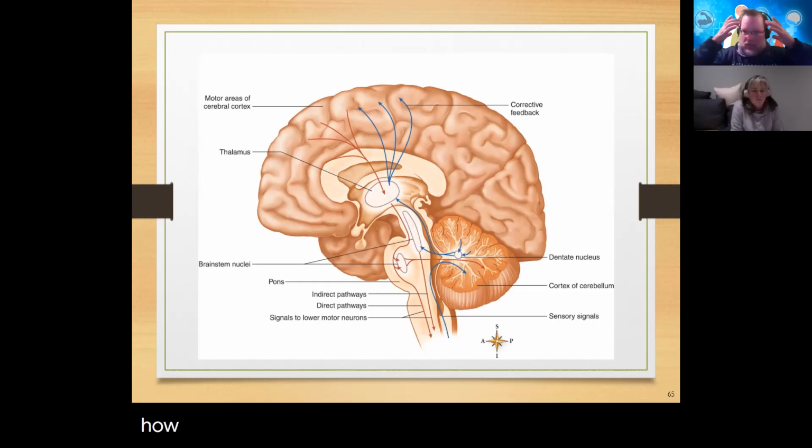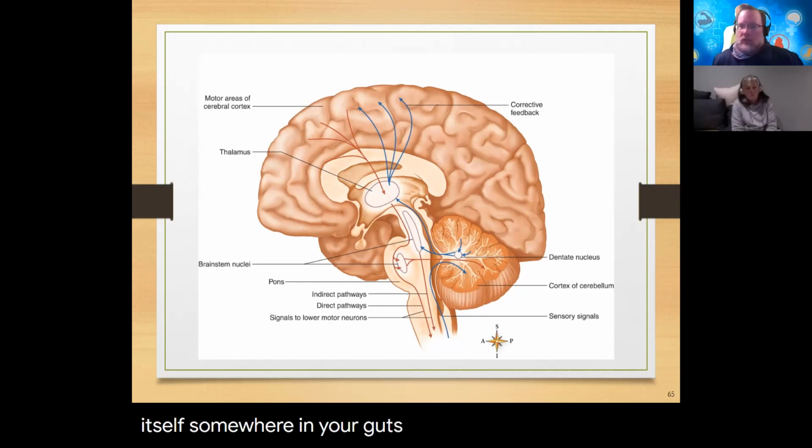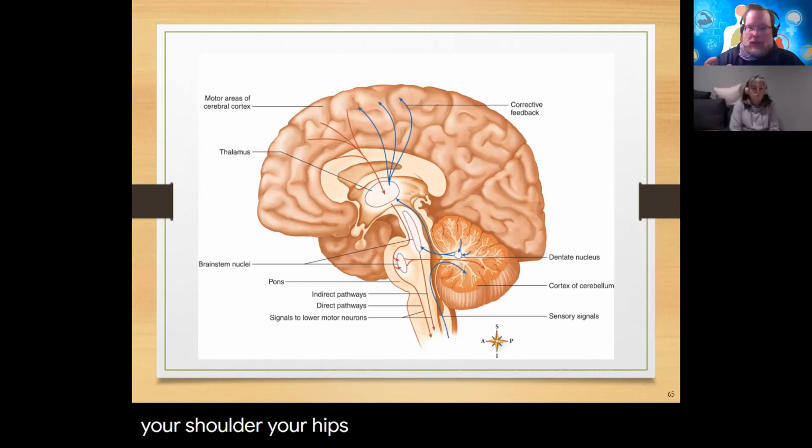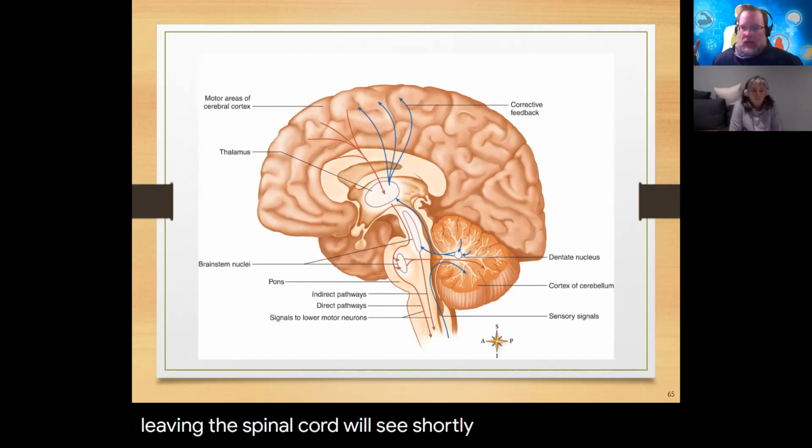How something in here can manifest and travel and hold itself somewhere in your guts, or somewhere in your kidneys, or somewhere in your lower back, or your elbow, or your shoulder, or your hips. So all these nerves that are leaving the spinal cord, we'll see shortly, are going to travel and end up somewhere to produce motor responses.